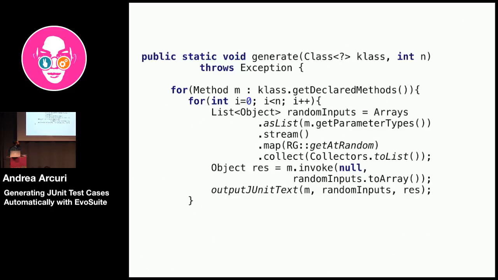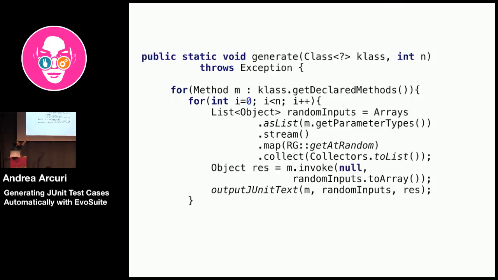So if you think about a random testing tool, it could look like this. For example, you take a class definition as input. N might be the number of test cases that you want to generate: 5, 10, 20. You can use reflection to check what is in that class. So you might start to iterate over all the methods.